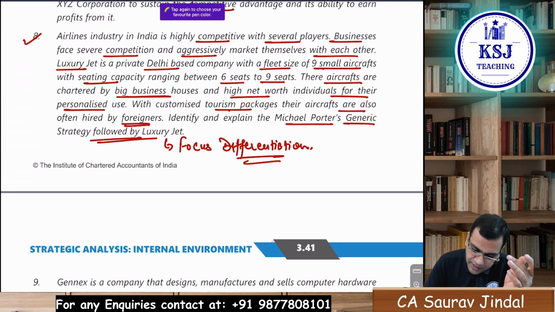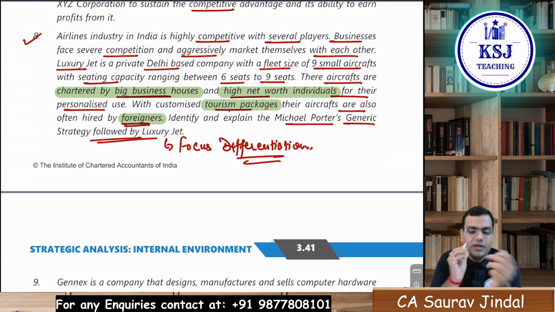I'll tell you which line you need to pick up: chartered by the big business houses, high net worth individuals, and for tourism often hired by the foreigners. So these lines you will incorporate in your answer, to show why we are saying that this luxury jet company is using the focused differentiation. And you have to explain what a focused differentiation strategy is, which you have already studied. Clear? Fine. So this is the answer for the 8th one.